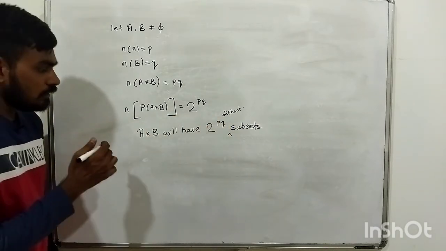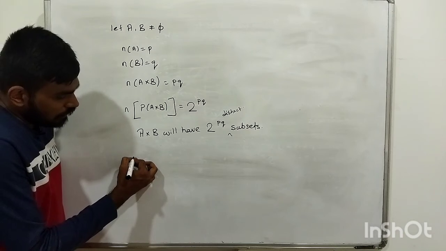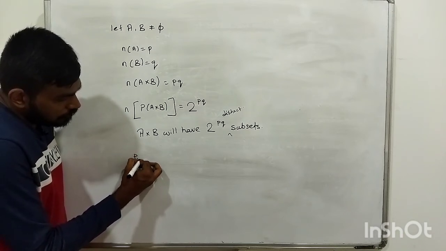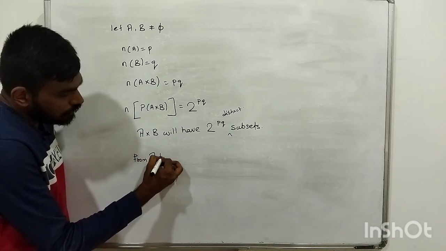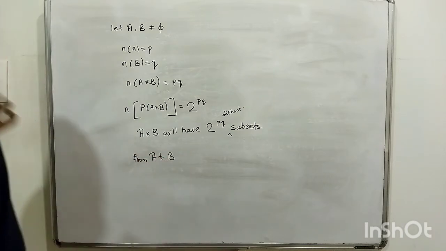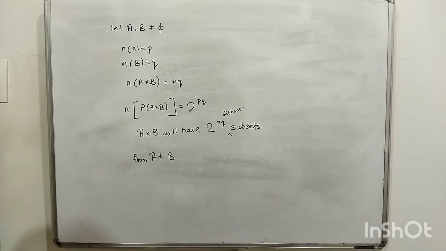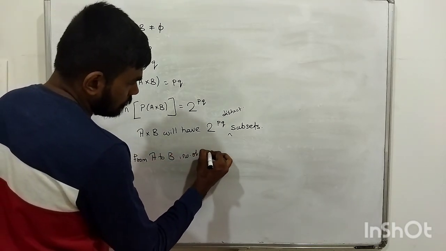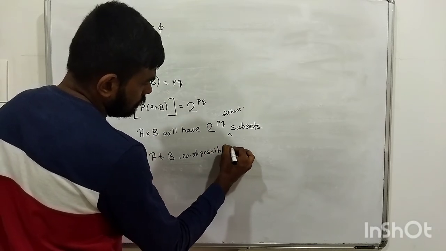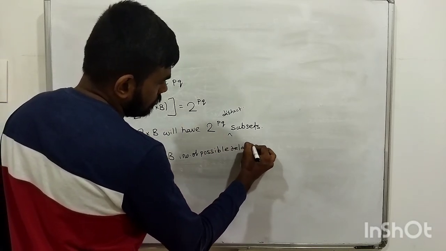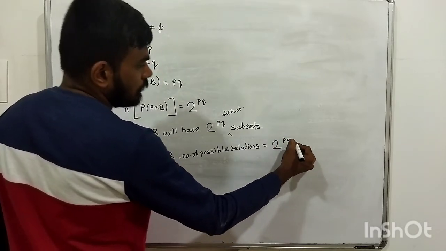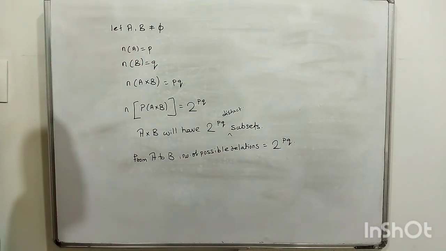So from A to B, how many possible relations are there? The number of possible relations is equal to 2 raised to PQ.